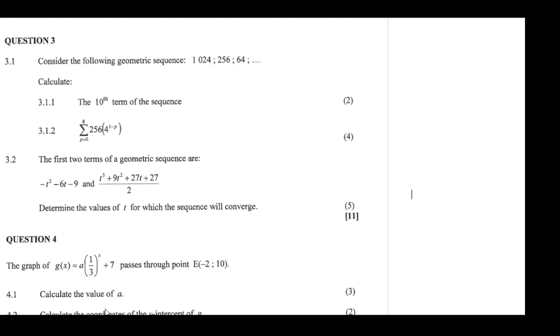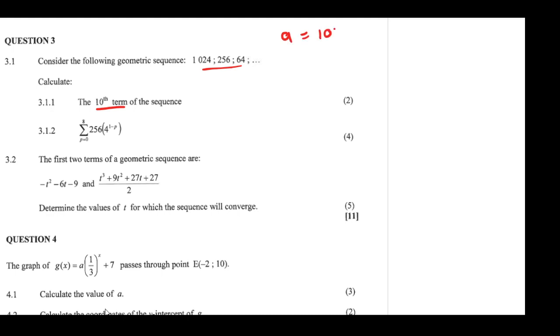So what we have here is a geometric sequence of 1024, 256, and 64, right? And we are asked to calculate the 10th term of the sequence. So first we identify the a value of the sequence.